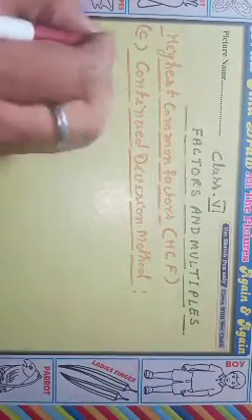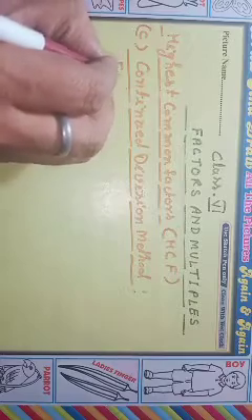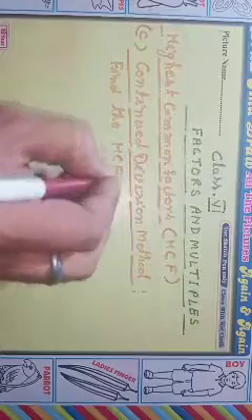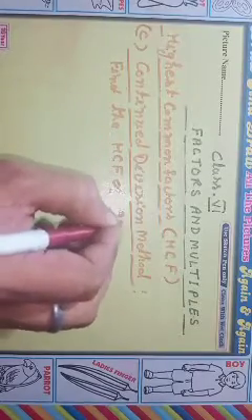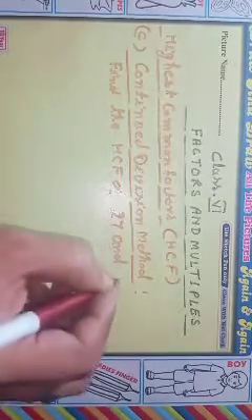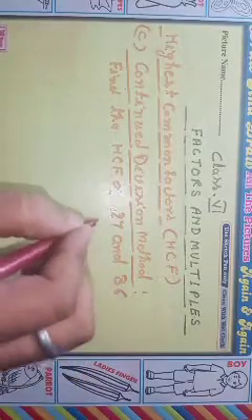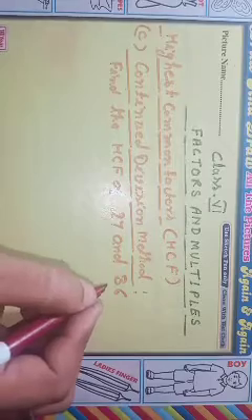Find the HCF of 27 and 36 by continued division method. So first we check which number is greater.